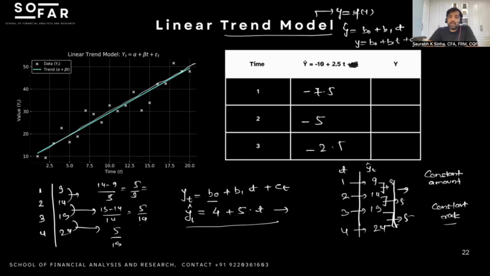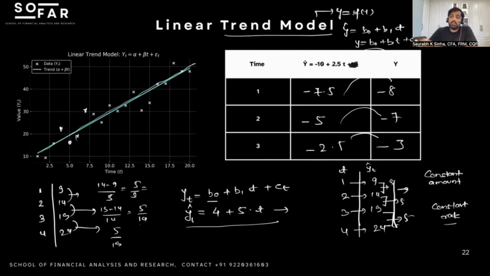Now the actual y could be different. You can see the actual value could be different. So this can come as minus 8, this can come as minus 7, this can come as minus 3. And there is error in prediction. And there has to be error in prediction. Your model cannot be perfect. You don't have a crystal ball to see the future. So there would be error in prediction.